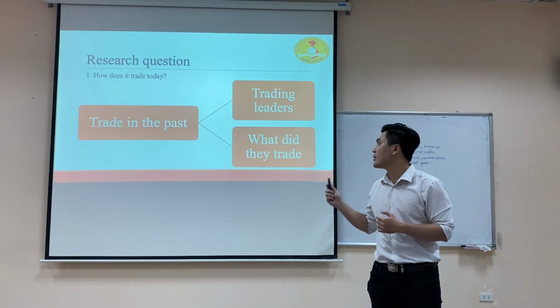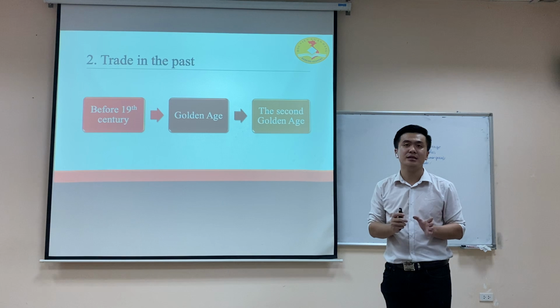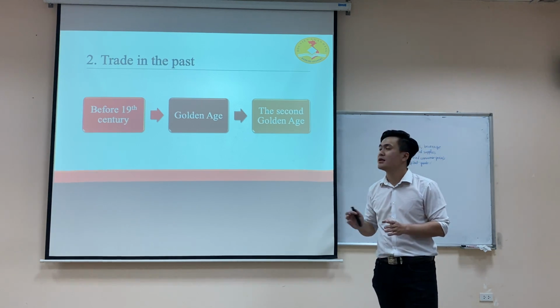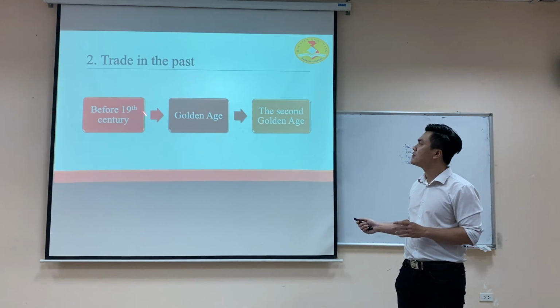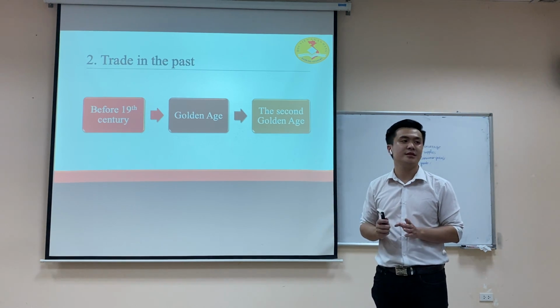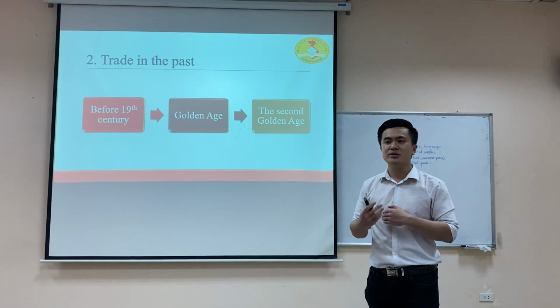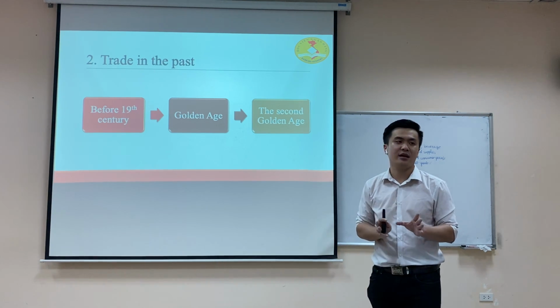Is it okay? Right, continue. Now the timeline of the development of international trade. Before the 19th century, we already had international trade. Merchants started trading some goods that they could not get in their own countries.